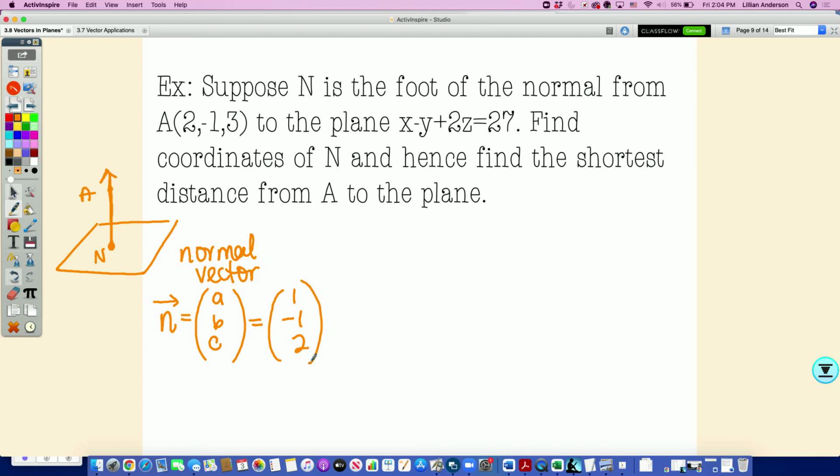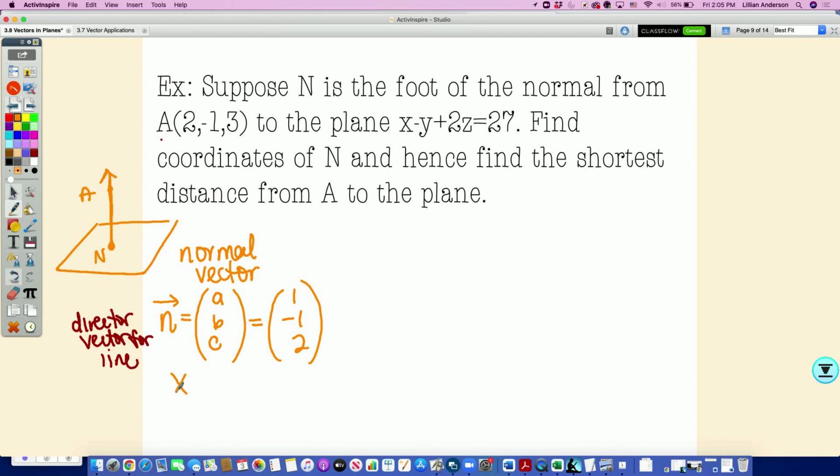Okay, so now that I have my normal vector, this is also technically the B, because that's the direction for the line. So this is also indirectly the direction vector for the line. And so I can create my parametric equations using A as my fixed point and my direction vector, which is my normal vector, remember, because it's perpendicular.